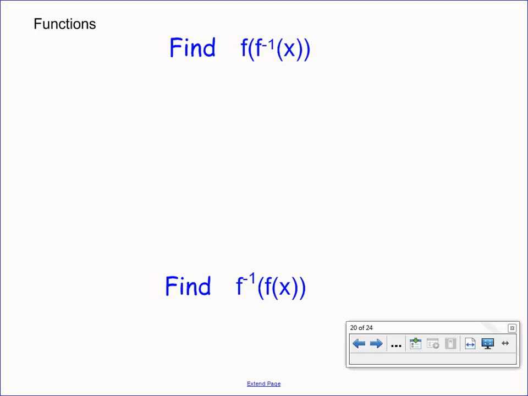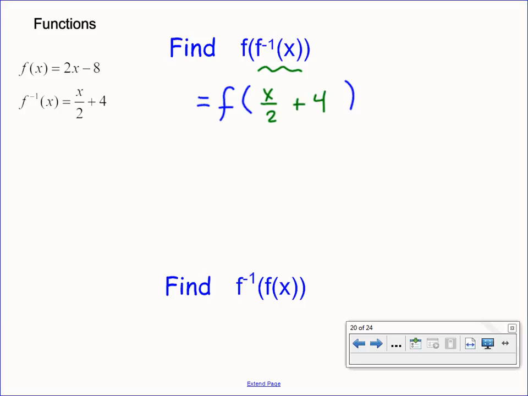Let's go ahead and take a look at now the generalized form. So once again, we've got our functions. And let's find the composition f of f inverse of x algebraically. Here we go. I'll go to my outer function f, and I'll plug in f inverse of x everywhere it accepts inputs.